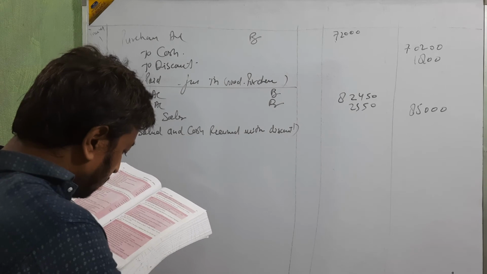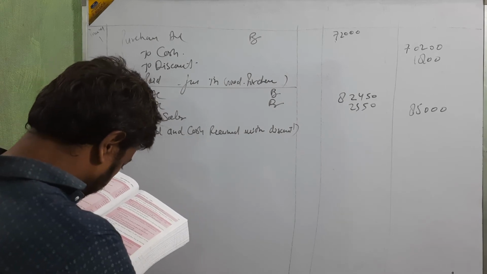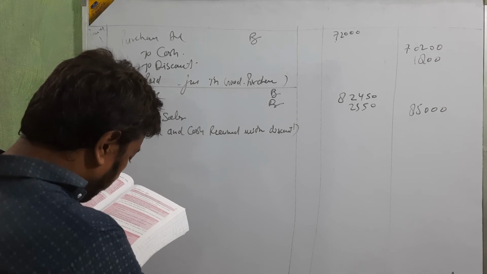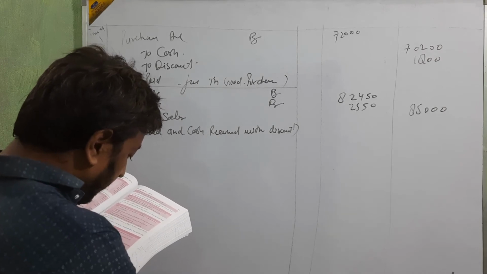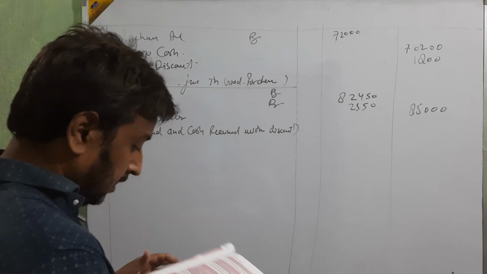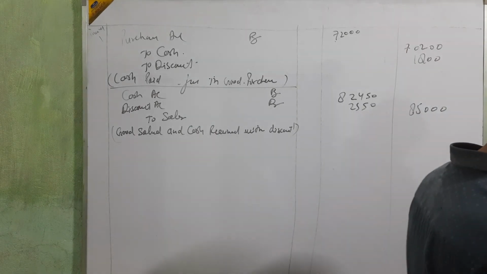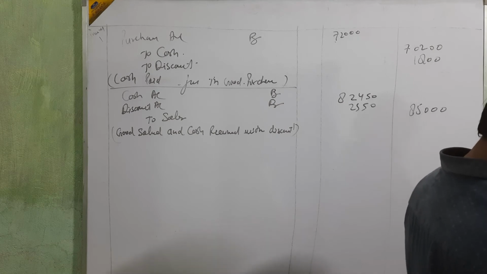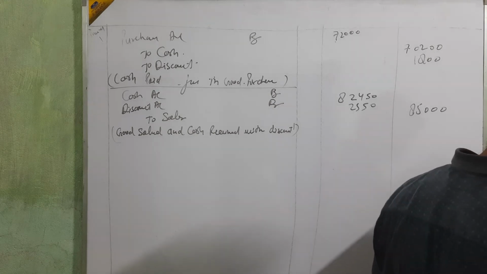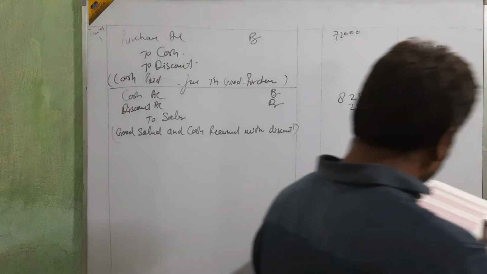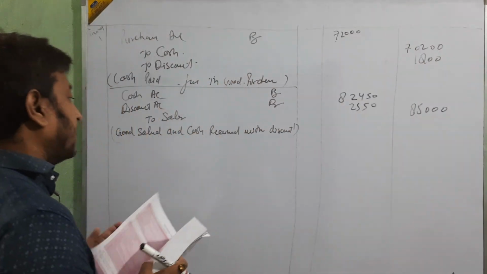Next, sold goods to Nigal at the list price of 50,000 at 20% trade discount. What is the name given? Name is Nigal. Okay. Then sold goods to Nigal. It means Nigal Dr. to Sales.